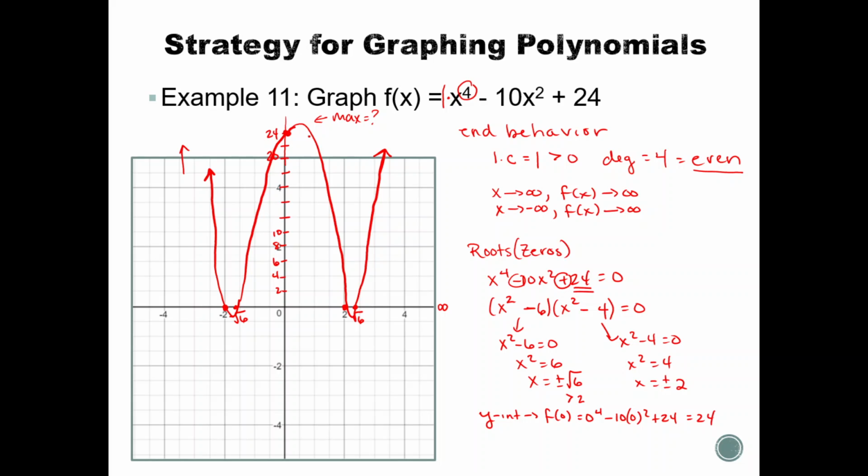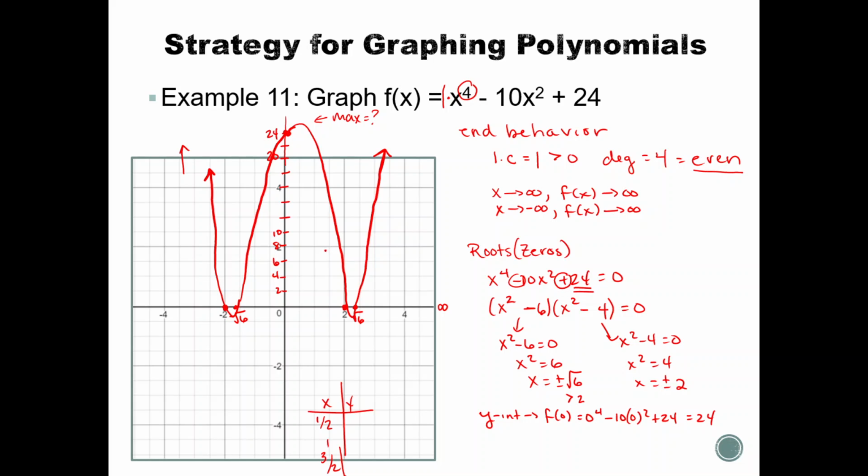If I want to fill in that detail, you can go and make a chart and maybe plug in numbers between 0 and 2. So maybe I plug in a half and a 1 and a 3/2 to figure out how tall this mountain gets. I also don't have detail about what it's doing between the roots, but I do know it has to dip below because the multiplicities are all 1, so it has to travel through.